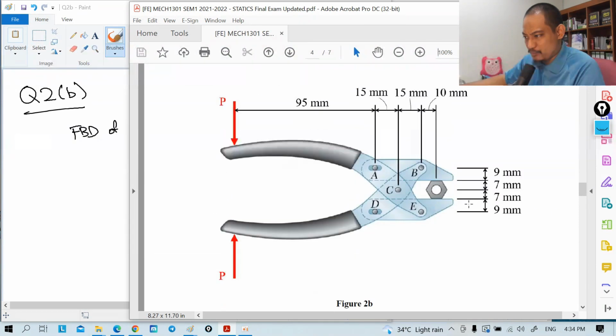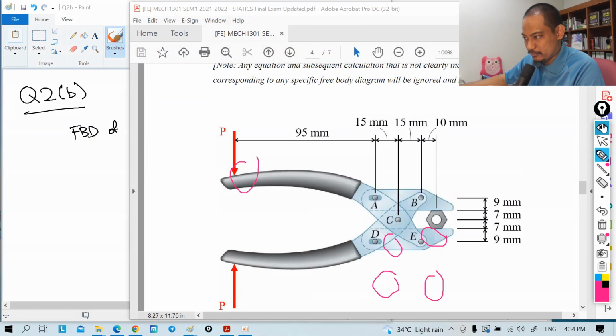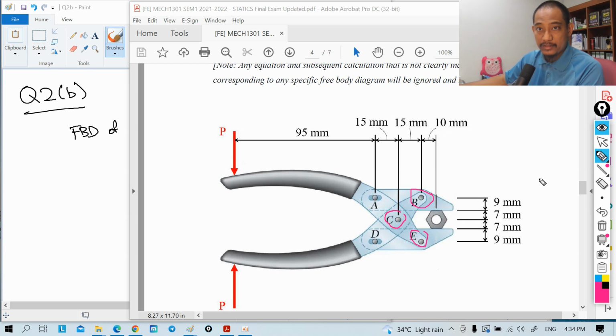Hopefully you can see the different types of support here. B and E and C as well are pin supports, so you have X and Y. But if you see A and D, it's not a pin support. It's not like one single hole with a pin exactly there where you cannot move anywhere.